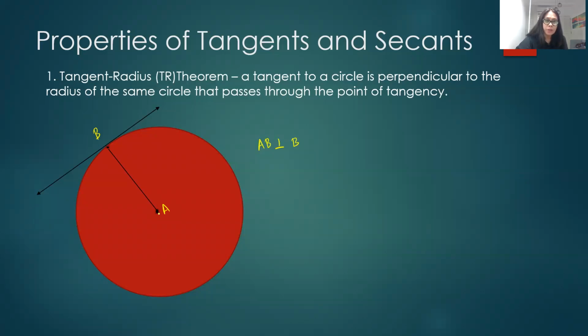Now, as regards the length, from point A to any point on the tangent line, the shortest segment is the one perpendicular to the tangent line. So if we draw another line segment connecting point A to any point of line B, for example, let's say this is point D, and we connect this with A here.